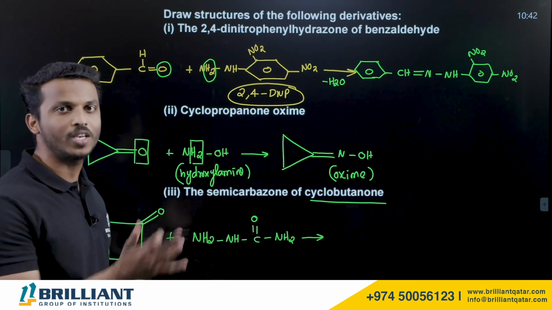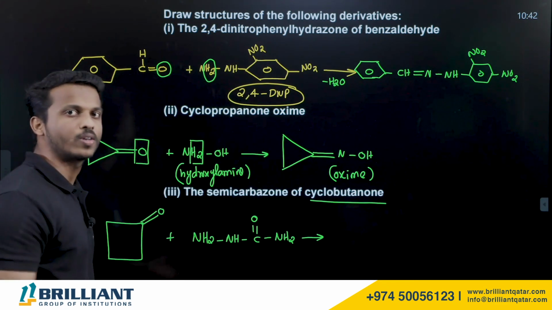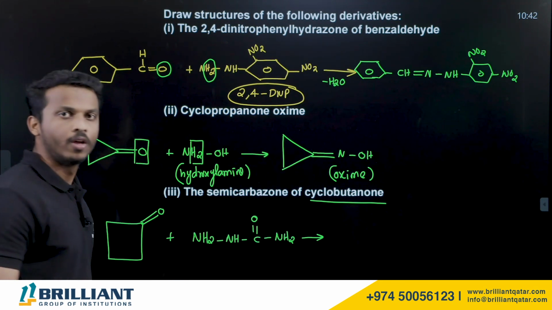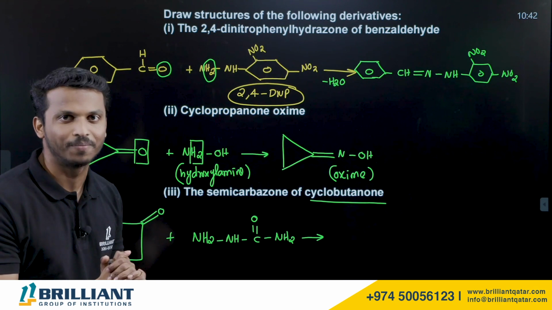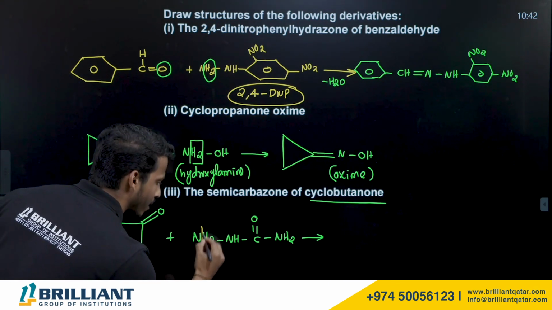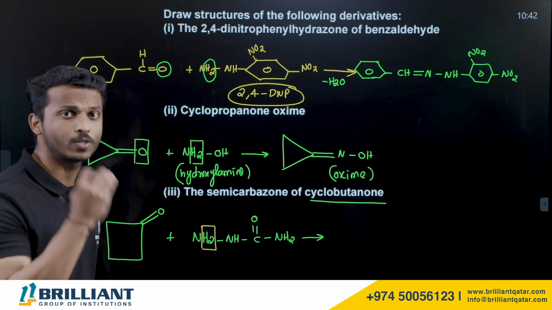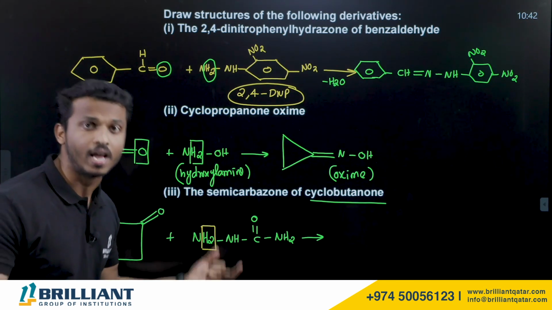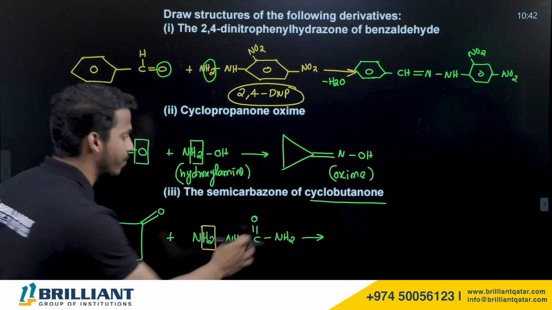Here also the same procedure. But in semicarbazide, you have studied a very important concept here. There are two NH2 groups, one left, one right. From which side do we have to take the hydrogen? That's very important, right? So let me take the hydrogen which is away from the CO group. Always when you treat an aldehyde or ketone with semicarbazide, please take the NH2 group which is away from the CO group.